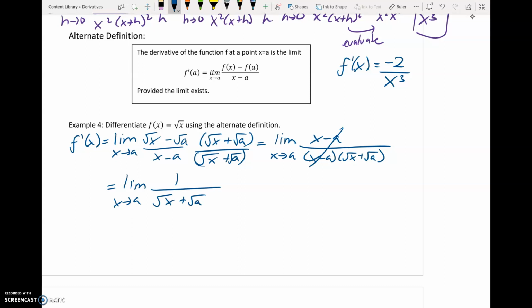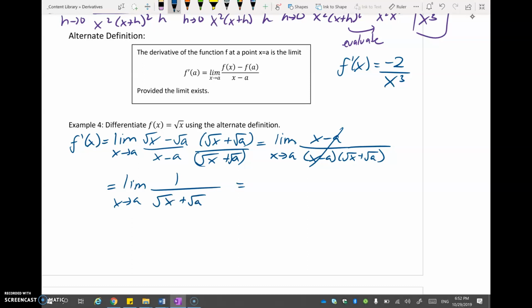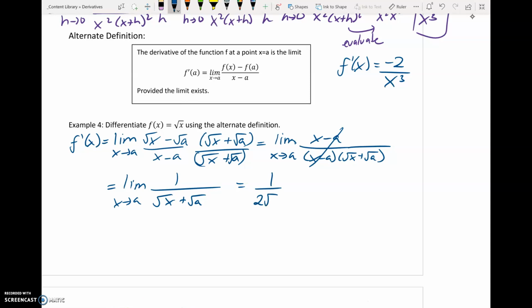And then now we can just evaluate the limit. And that's it. So therefore, f prime of x is 1 over 2 root x. So just the difference between this definition and the other definition, some functions are easier to differentiate with this definition than the other definition. So it's really up to you which one you want to use.